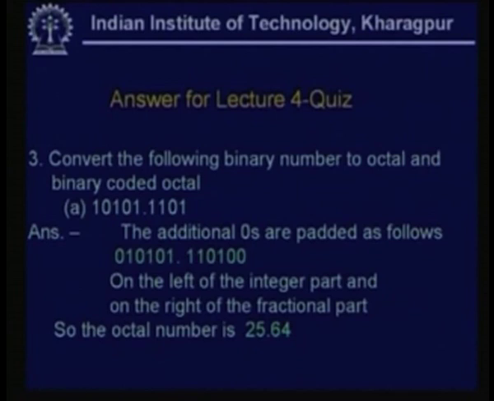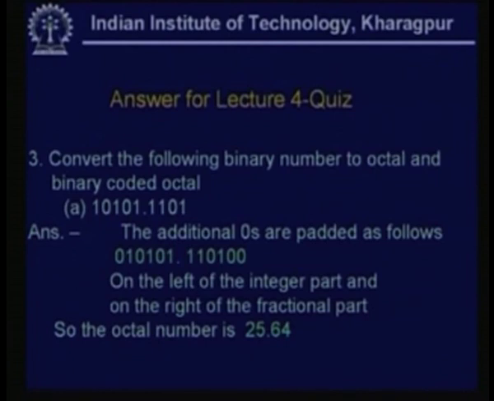Again I will pad it, and it will be 1 and again 5. So, it will be my 8. A simple rule: for binary to octal, we take 3 bits together and then write the octal digit.